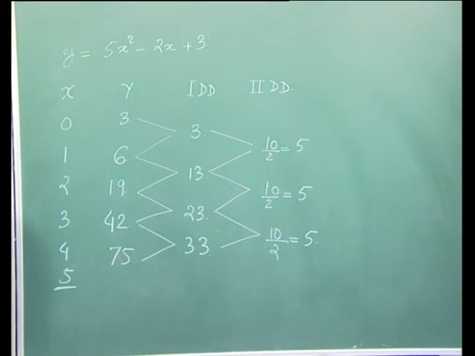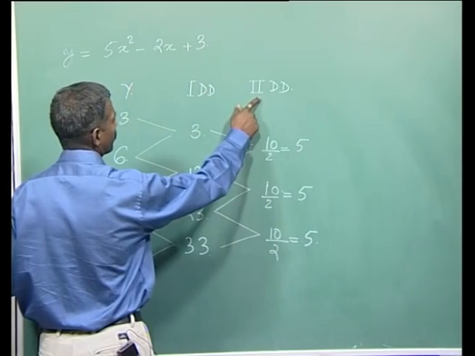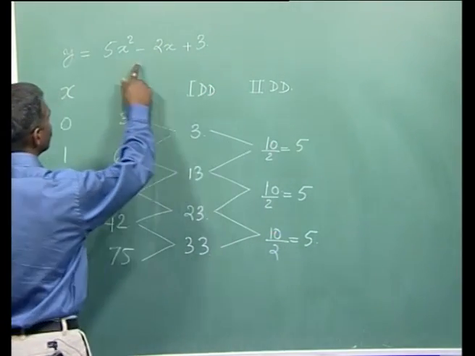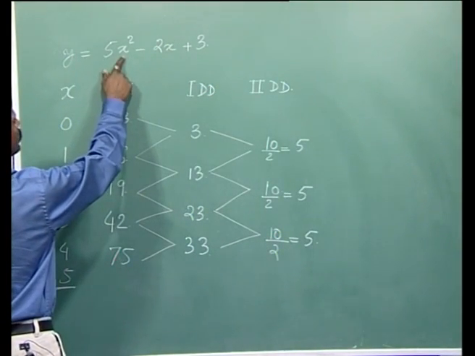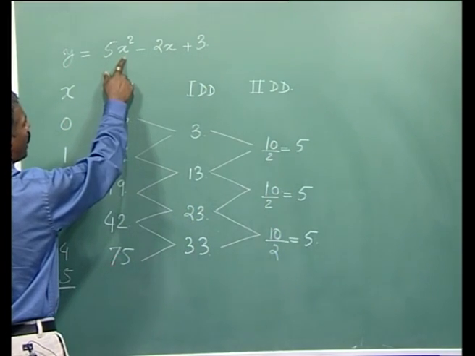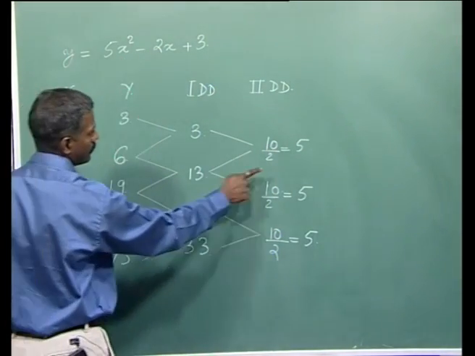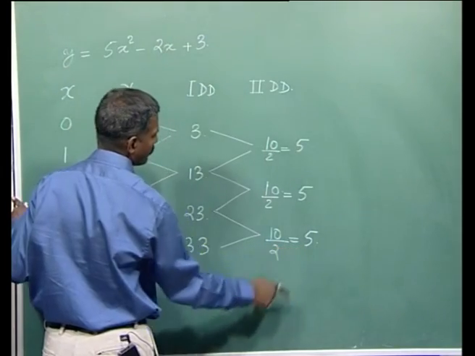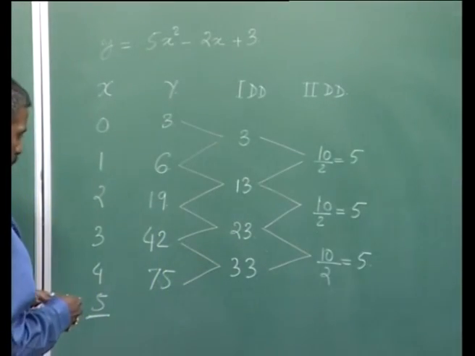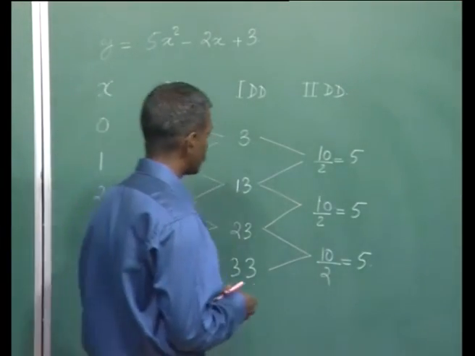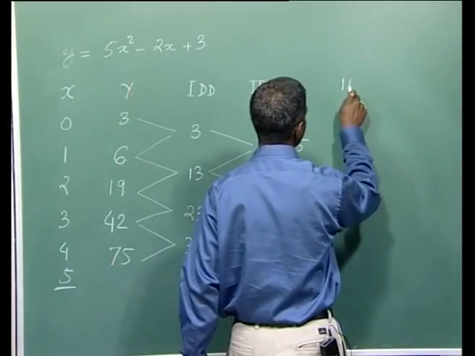Recall what I had previously mentioned. The second divided differences of a degree 2 pure polynomial are all equal: 5, 5, and 5. What do you have to say about the third divided differences?